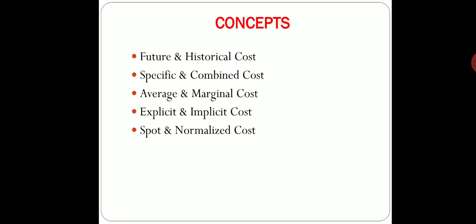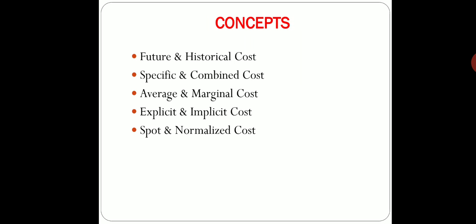The second one is specific cost and combined cost. Specific cost means when the company is specifying the cost on the basis of different alternatives or different sources. That cost is known as specific cost. For example, the cost of equity, the cost of debenture, the cost of preference.